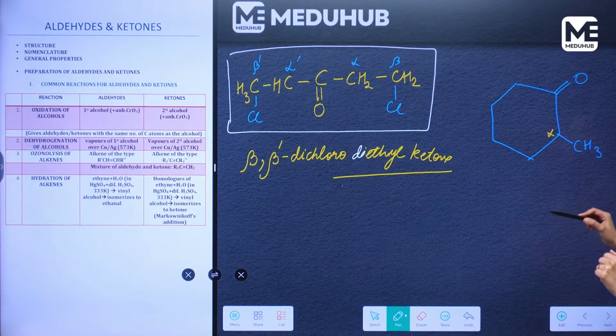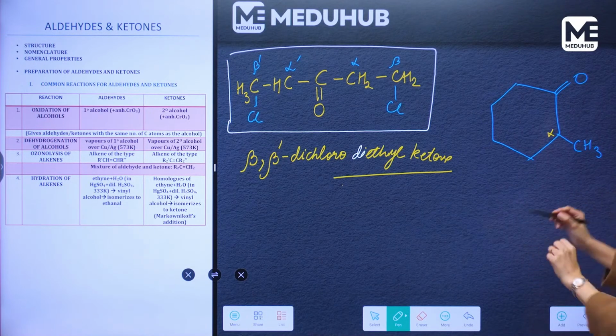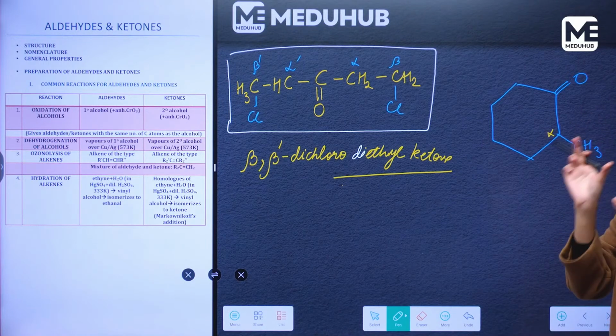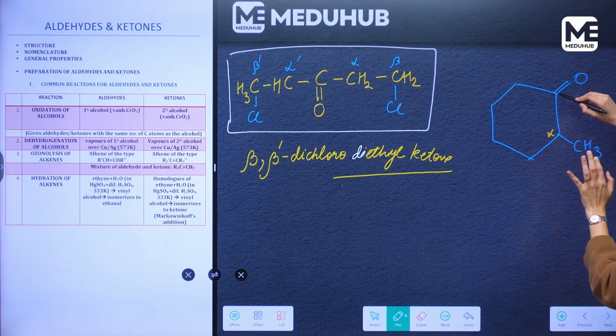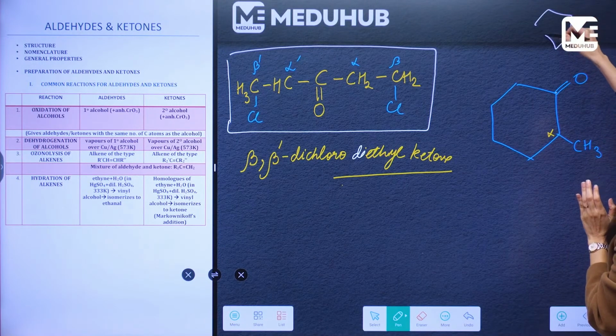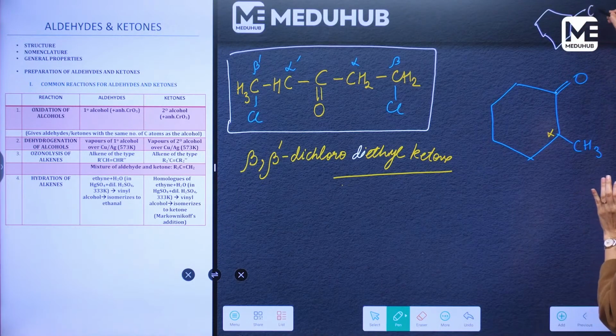And this is a cyclic ketone. Now the difference between cyclic aldehydes and cyclic ketones is that in a cyclic aldehyde, the CHO group, or the aldehyde group, will always be attached to 1 carbon of the ring. So if we have a cyclohexane, the CHO group will be outside the ring.